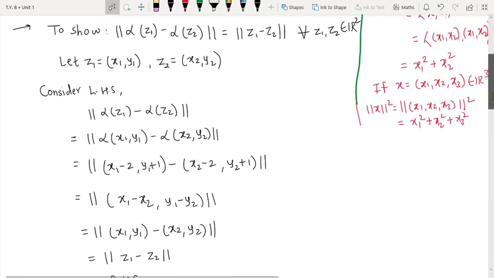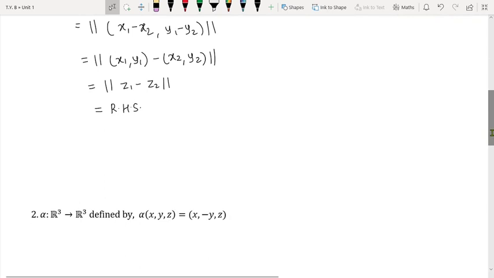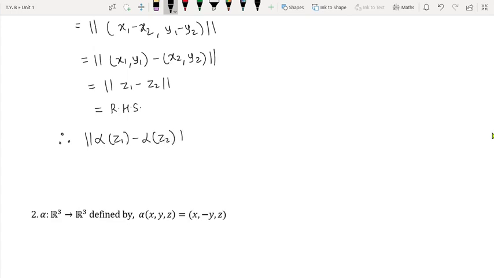So that's it. Therefore we have proved norm of alpha z1 minus alpha z2 is equal to norm of z1 minus z2 for all z1 z2 belonging to R2, and therefore alpha is an isometry.